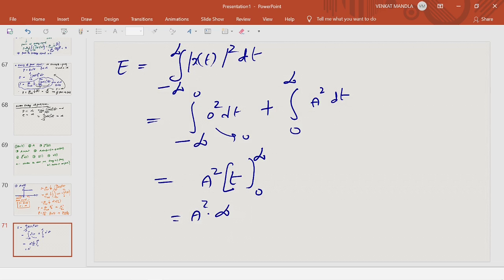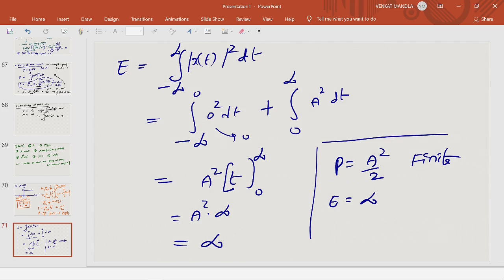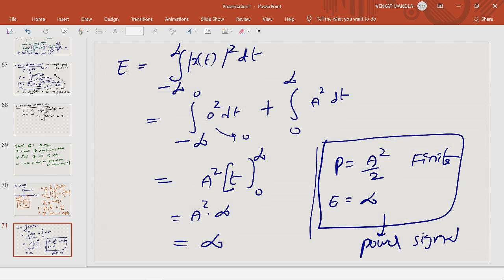A square into infinity, you will get infinity. So energy is infinite. Power is a square by 2, that is finite, and the energy is infinite. Then it is a power signal. So the step signal is a power signal.